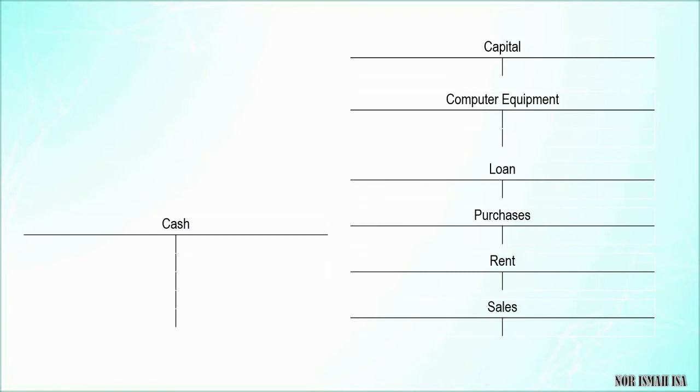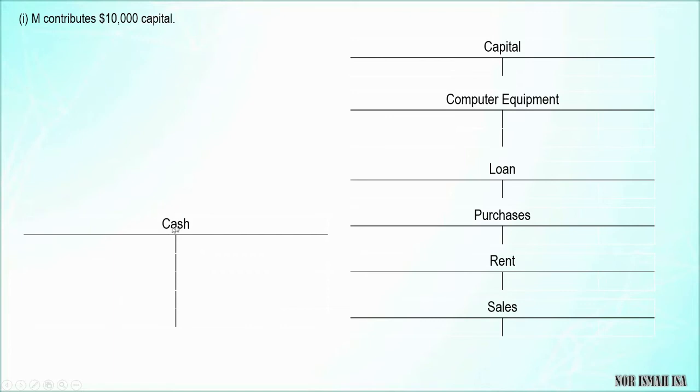Now let's go to an example. Let's say M contributes $10,000 as capital. So how do we record this one? The effect is on two accounts for $10,000: this is the cash account and this is the capital account.